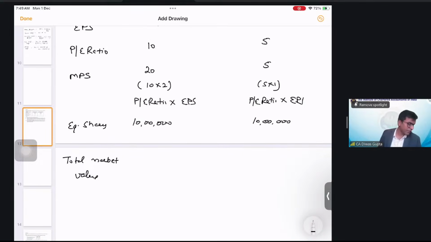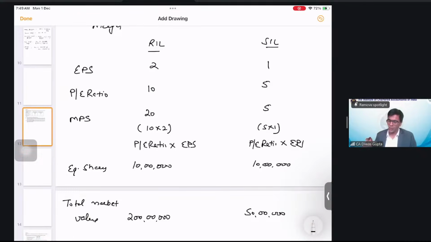So 20 into 10 lakh, which is 2 crores. Similarly, 5 into 10 lakhs, right? So which is 50 lakhs. Clear, students? So 2 crore and 50 lakhs becomes their market value before merger.